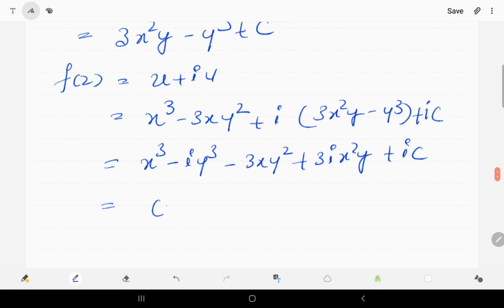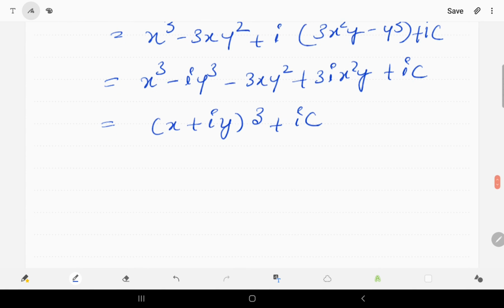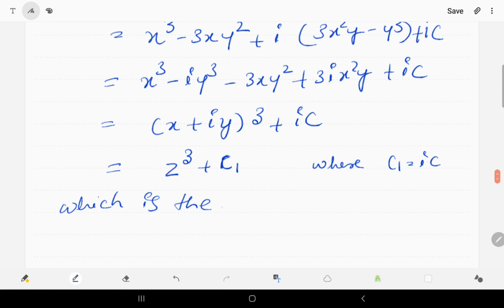This is expansion of x plus iy whole cube plus ic, where x plus iy cube is nothing but z cube plus ic, or c1, where c1 is equal to i into c, which is the required analytic function.